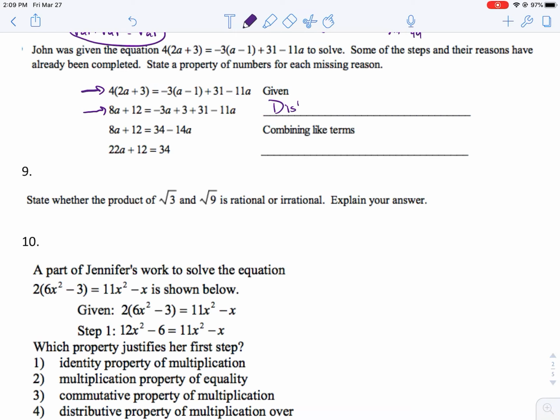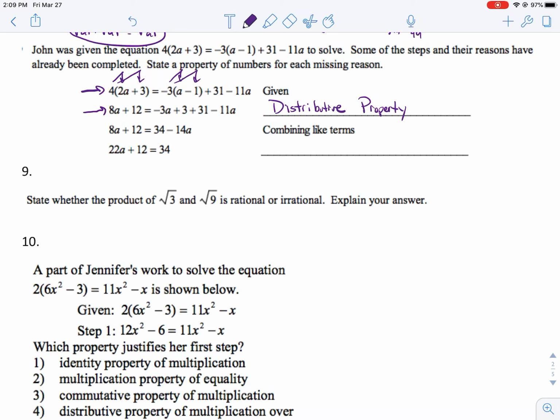In this case they used the distributive property. They distributed the 4 into the parentheses here, and they distributed the negative 3 in the parentheses there. So it's the distributive property.